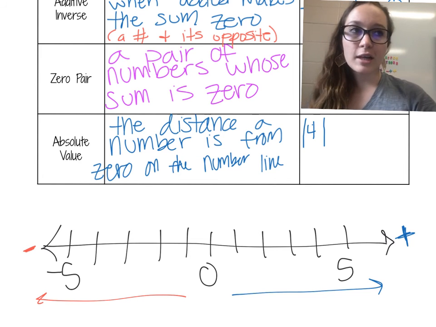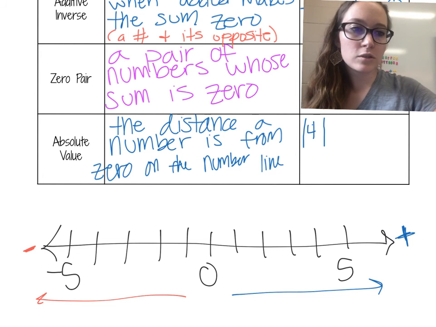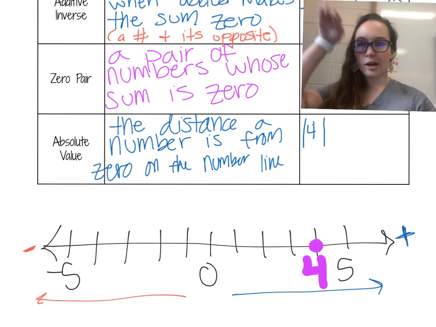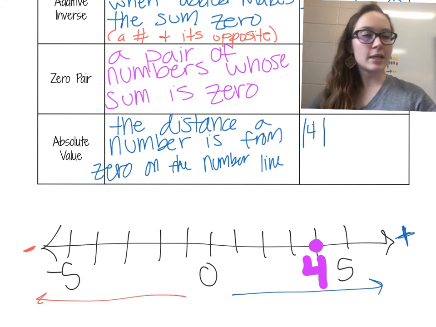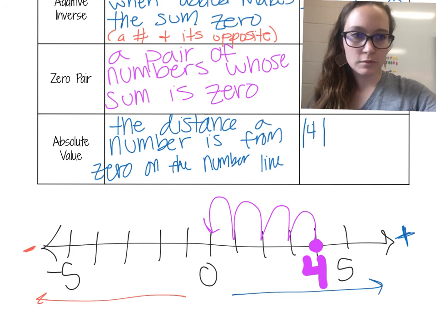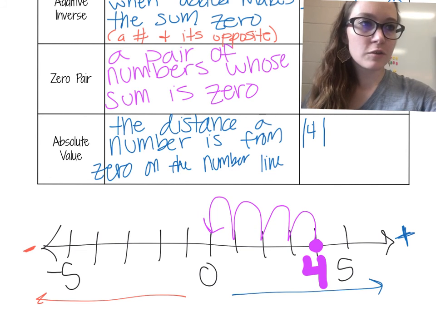So on my number line, I'm going to start at 4. This is 1, 2, 3, 4. Okay, then I'm going to count how many hops it takes to get to 0. 1, 2, 3, 4. So the absolute value of 4 is 4.